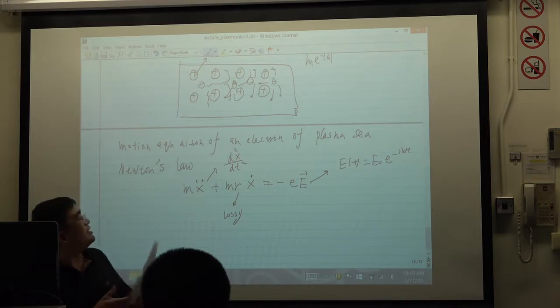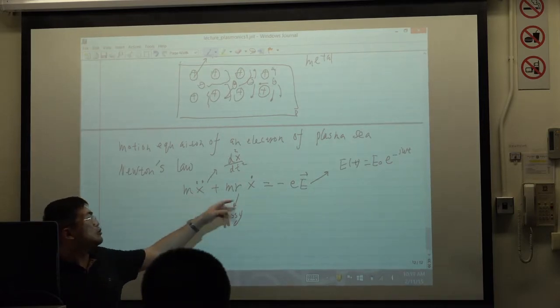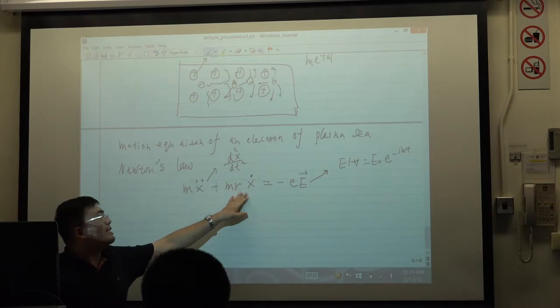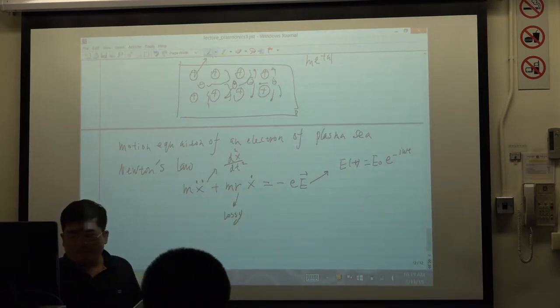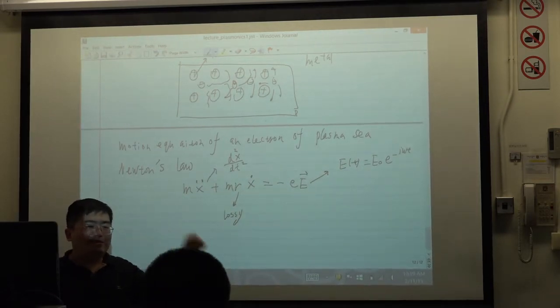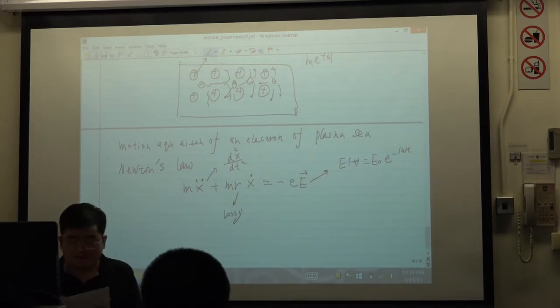You can see this is just ma, acceleration, equal to force. The gamma part is similar to a friction force. This is the Drude model.